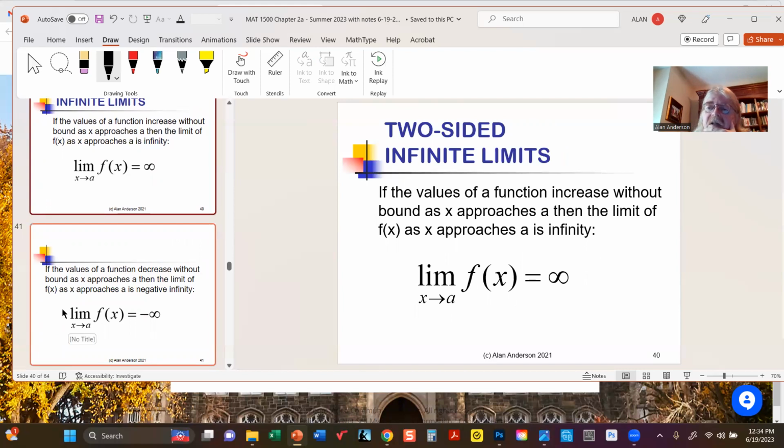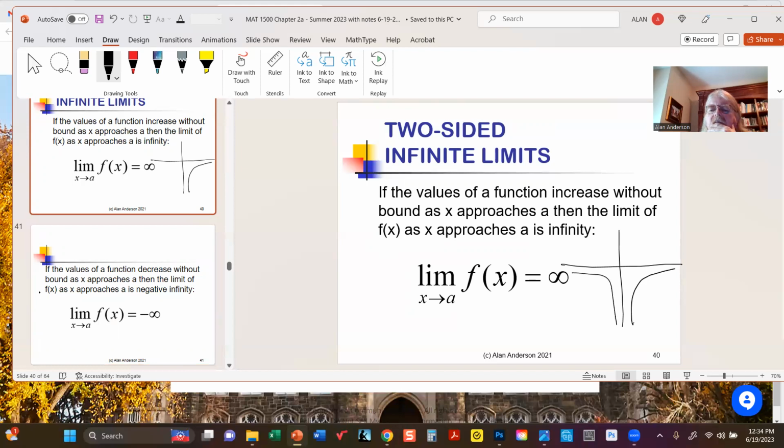Now, sometimes it's possible for the function to approach negative infinity too. So if we had something like this, that would be negative 1 over x squared.